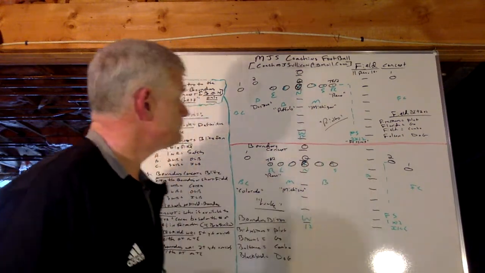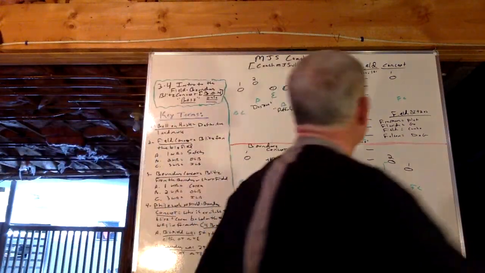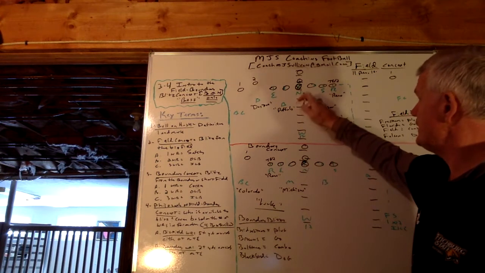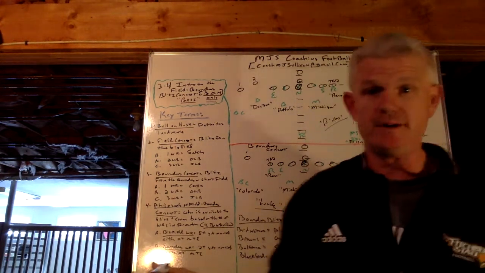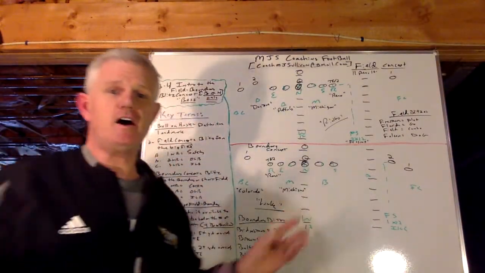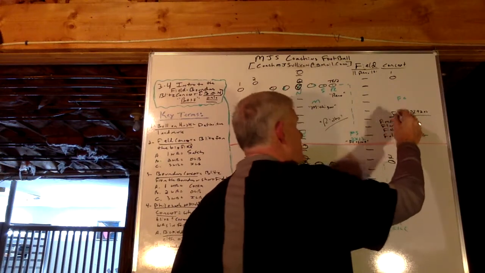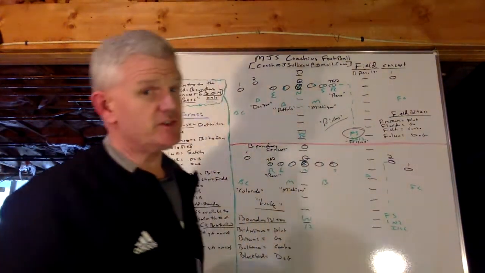All right? So the key to this whole thing, as is illustrated up here, ball's on the left hash. There is one wide receiver to the big field, right? So for any of the blitzes called, right, one wide receiver, the free safety is available to blitz.